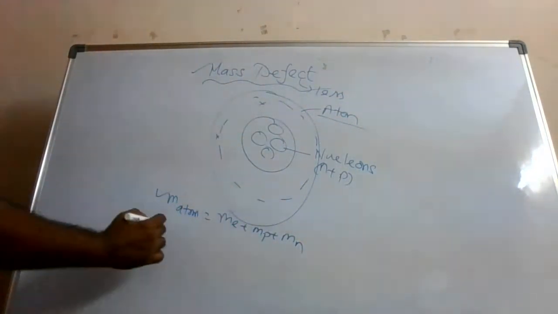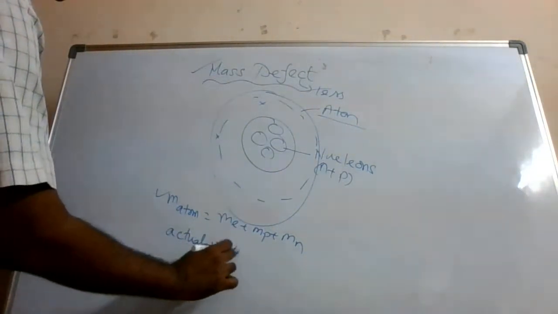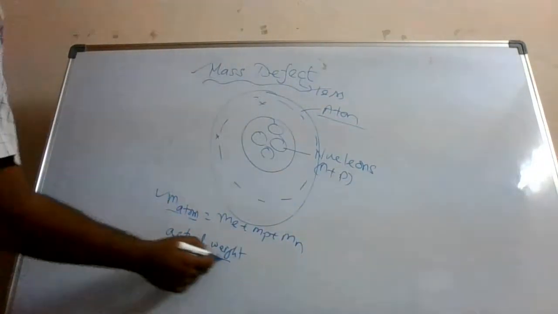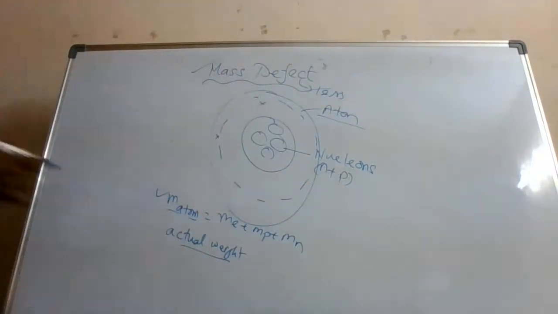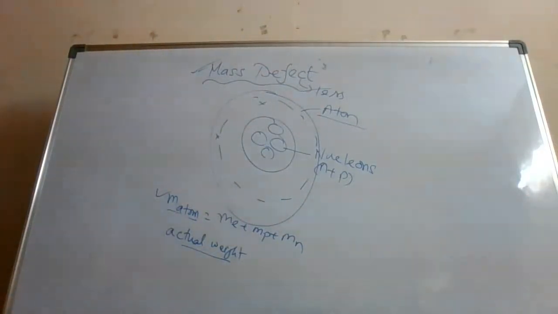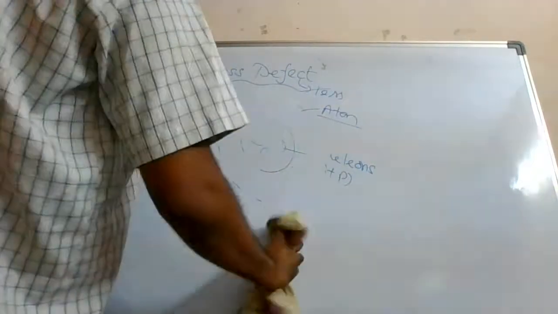Then I will take the actual weight. Now this is what it's supposed to be. This is what it is when you weigh it. If there is a gap, that is mass defect. So how do I find the mass of atom? Let us see that.